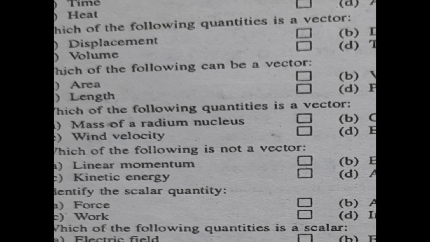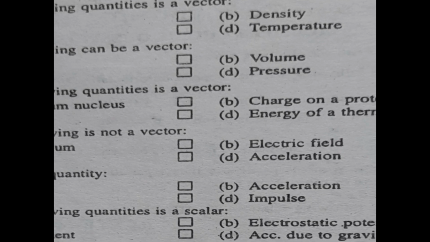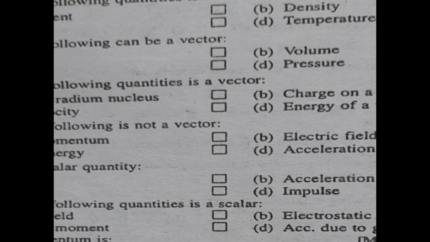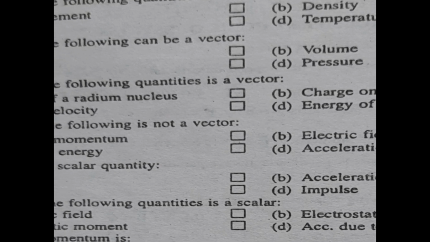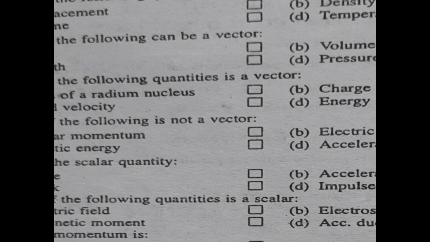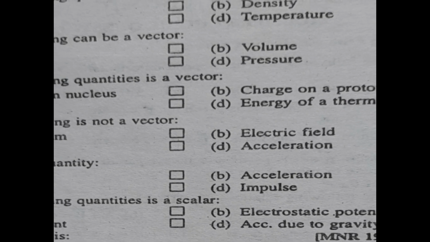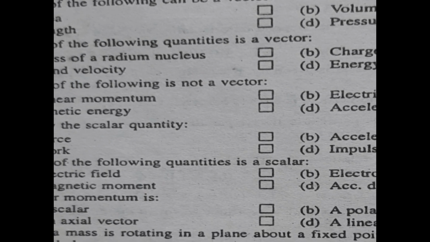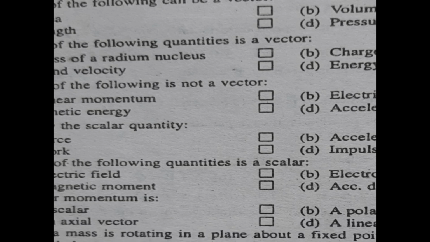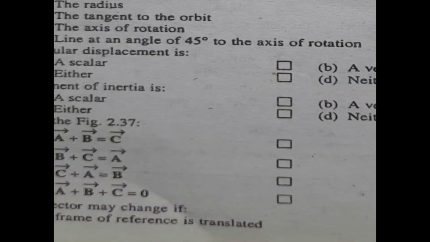Which of the following quantities is a vector: mass of a radium nucleus, charge on a proton, wind velocity, energy of the thermal neutrons, and so on. So similarly, one by one you can solve it and send the answer.